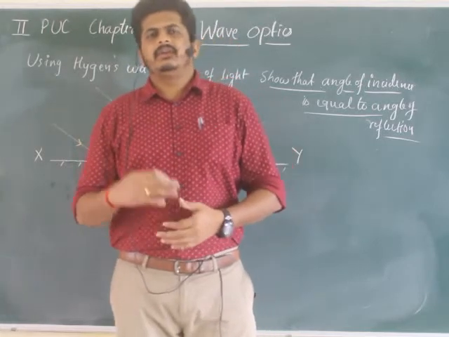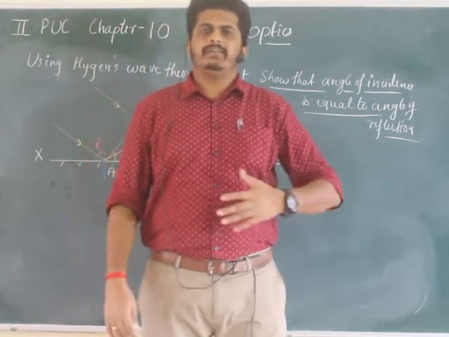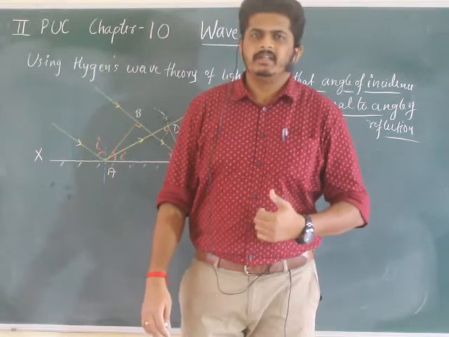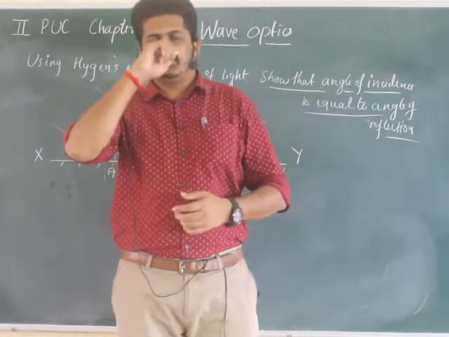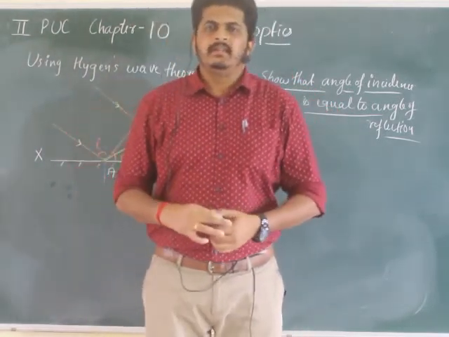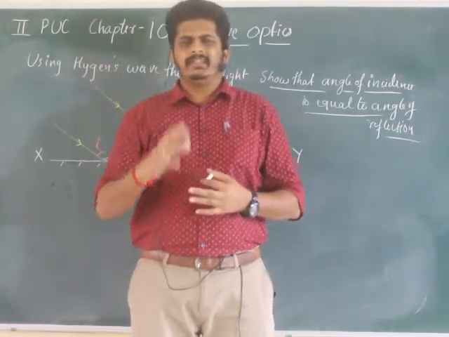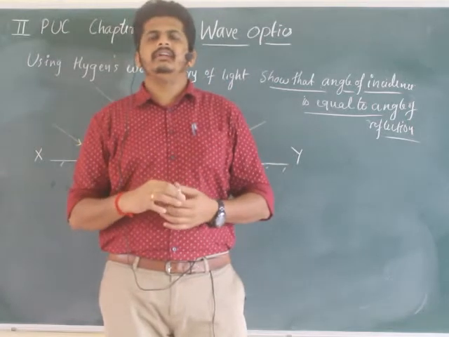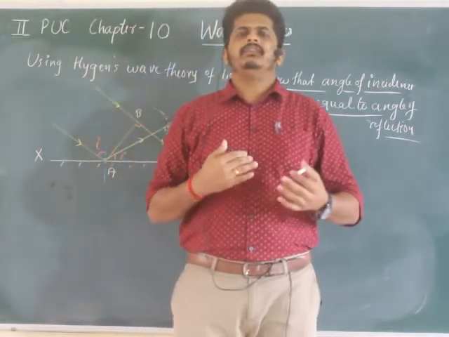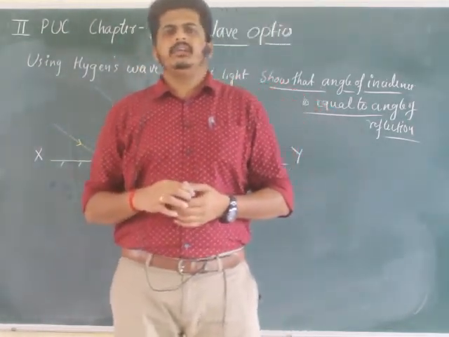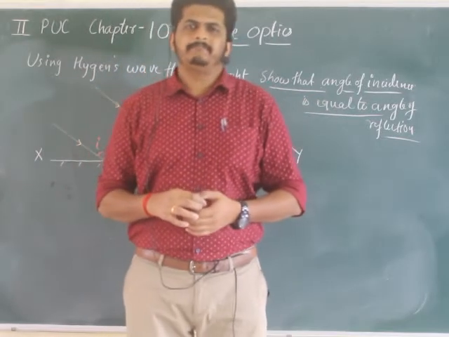Along with that, what is a wavefront, different types of wavefront we discussed, and using the principles of Huygens wave theory, we have listed out the principles initially. Then we have done one important 3-mark derivation where we are proving Snell's law by using Huygens wave theory.